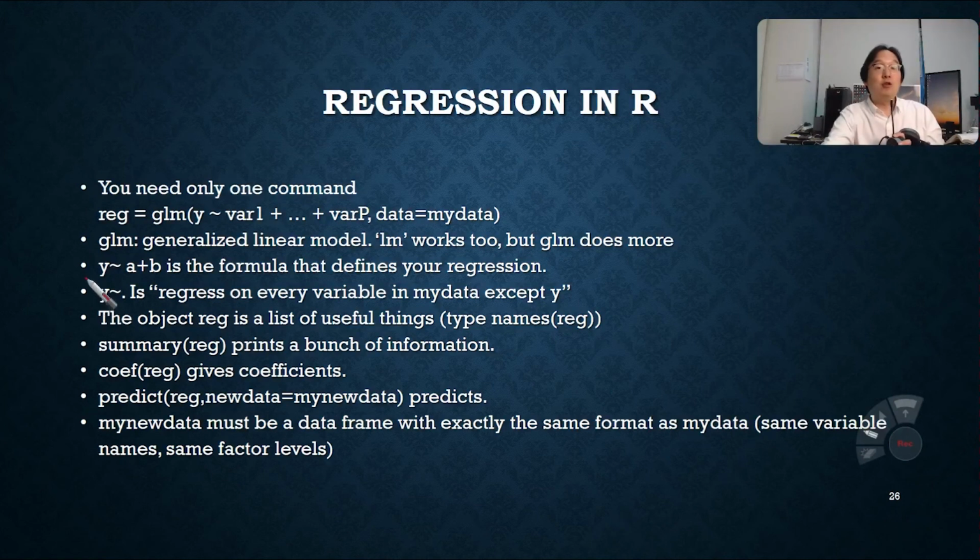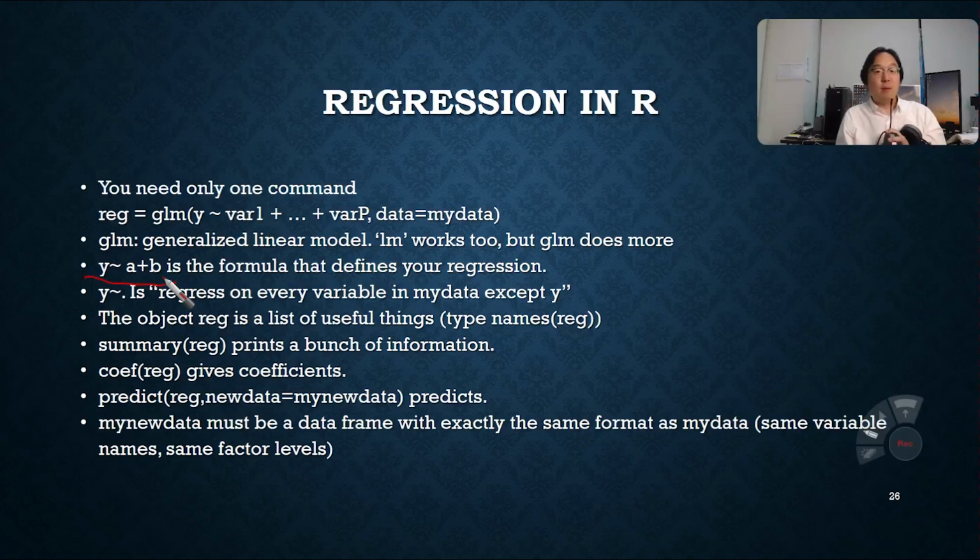I want you to regress Y variable on A and B only. But what if I want to regress Y on all the other variables, right? Just forget it and just throw everything in and run a regression. That's Y tilde dot. Regress on every variable in my data except Y.